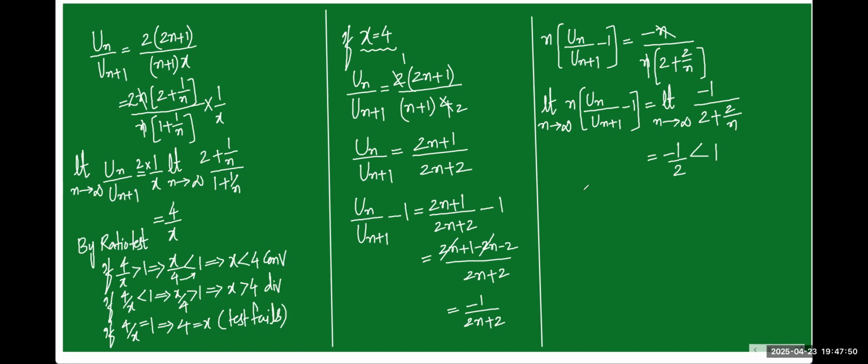So by which test have we done this? By Rabi's test, the series is divergent. By Rabi's test, the series is divergent when x is equal to 4.